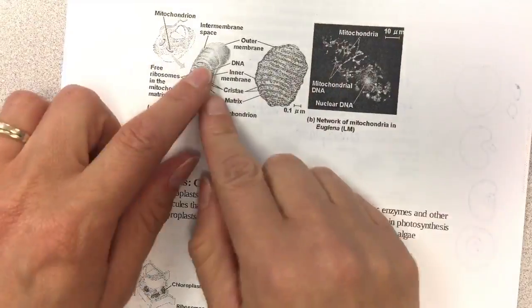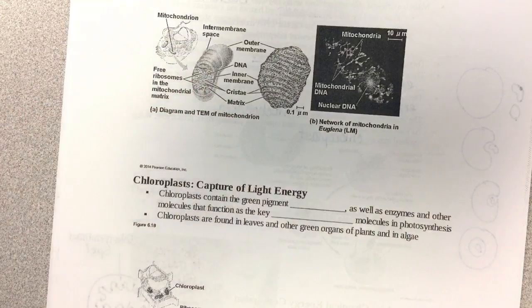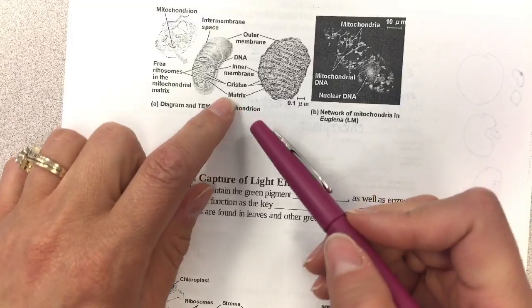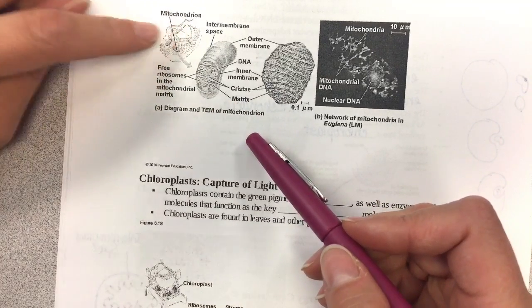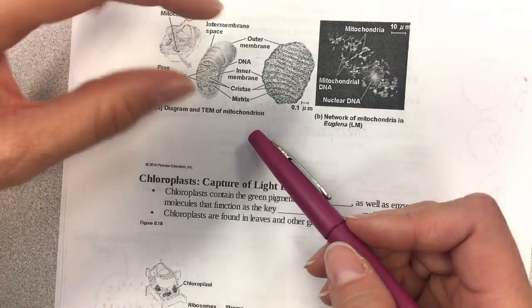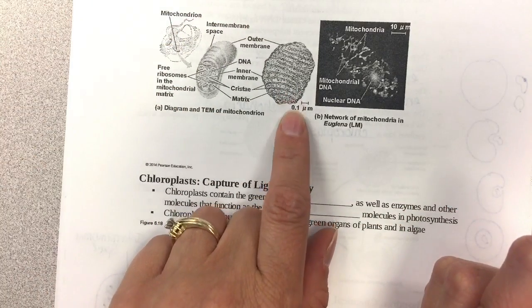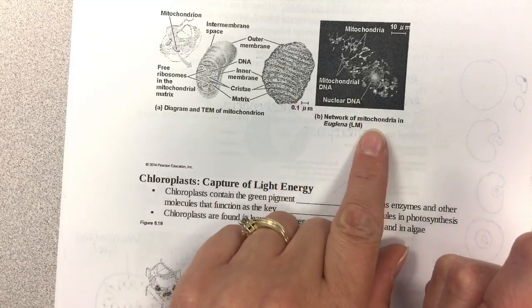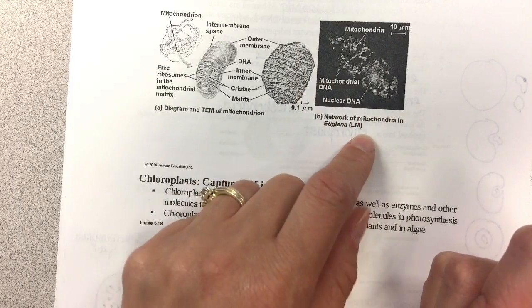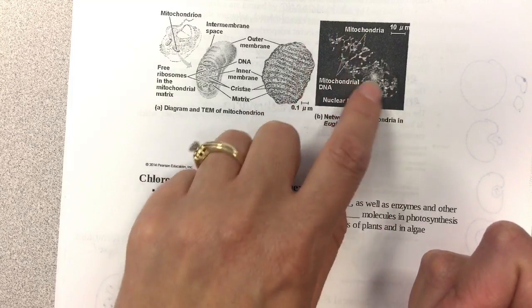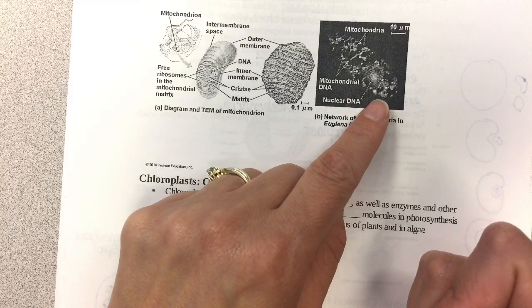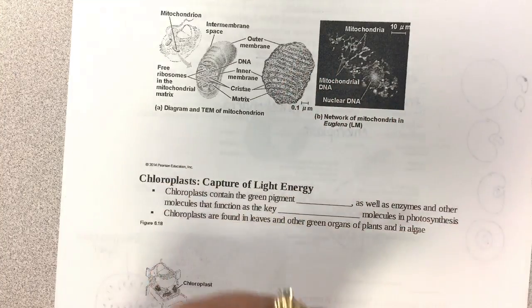So when we look at this picture, this is just showing you the mitochondria in a three-dimensional form. I want to show you the different parts. They're showing you here the cell, blowing up and enlarging the mitochondria as part of that cell. This is an actual picture of the outside of the mitochondria, and this is another picture where they dyed the mitochondria and the DNA inside.